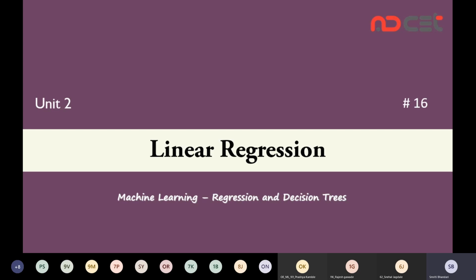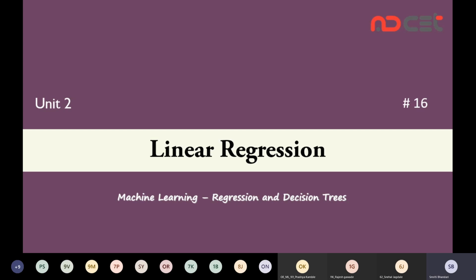So we have seen the concept of regression and we have categorized the regression models. And we have seen that regression models can be categorized as simple regression and multiple regression.